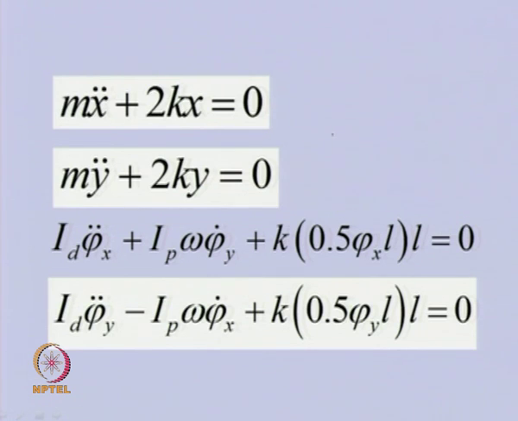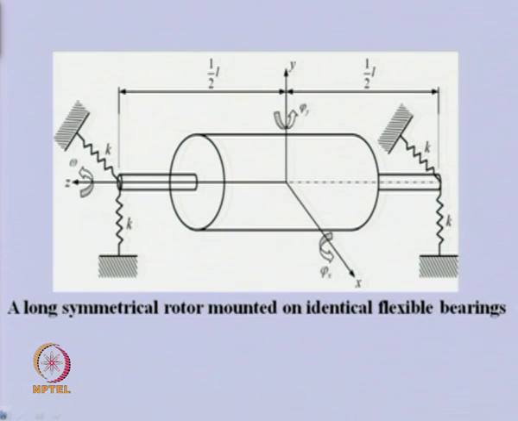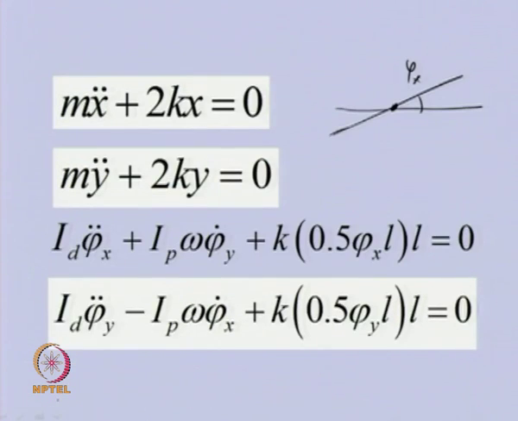let us say it is tilting about the center of gravity. Let us say this is phi x, and the total length, as we have seen here, is L. So the compression or the extension of the spring will be L by 2 times phi x, and K into this much will be the force exerted here.